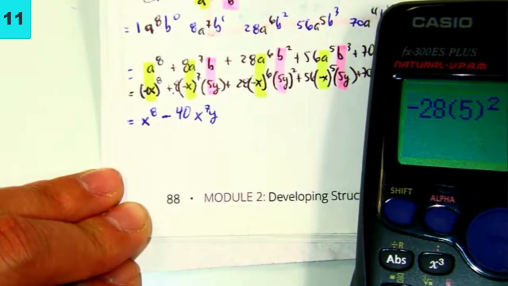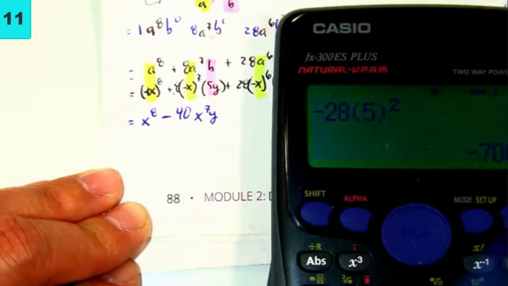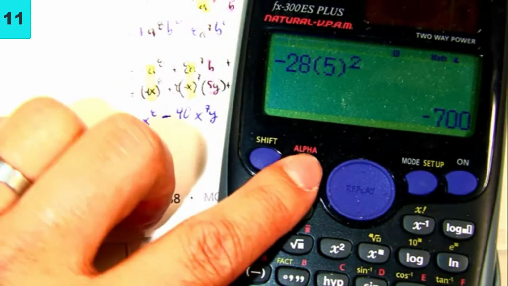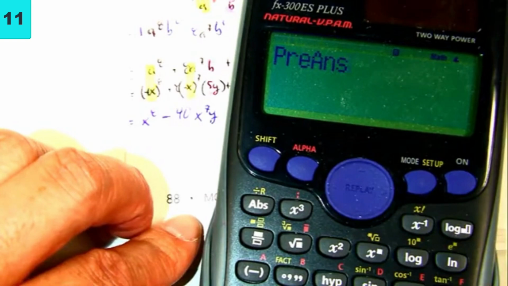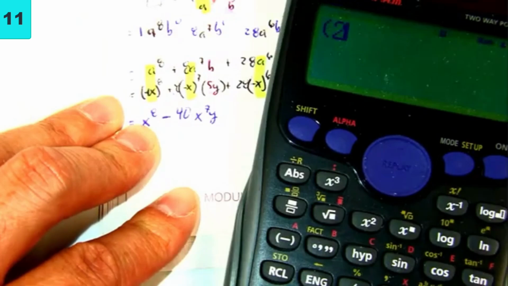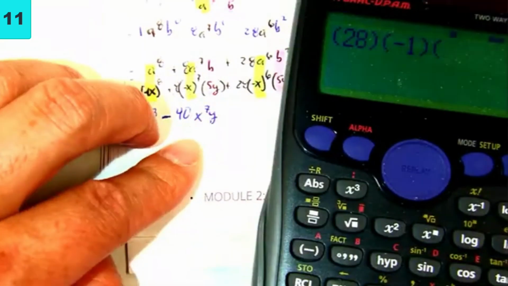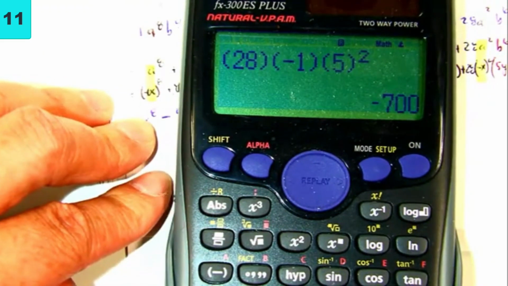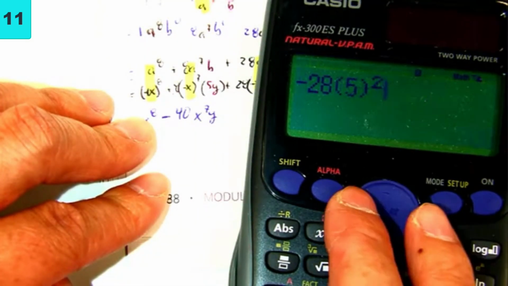What happens? Let's see. That should have been positive. Let's see if I can do this. Boom! No, didn't do it. Try that again. 28 times negative 1 times 5 to the second power. Again, super nice if your calculator could put all of that at once. Did it again. I forgot to put parentheses.